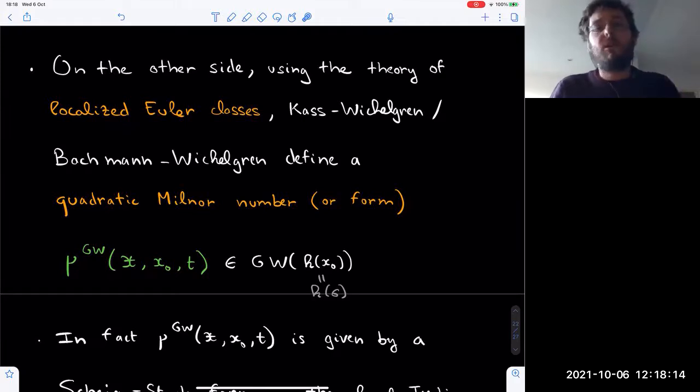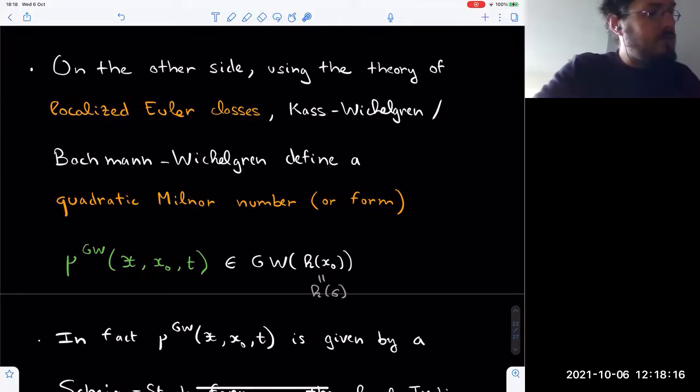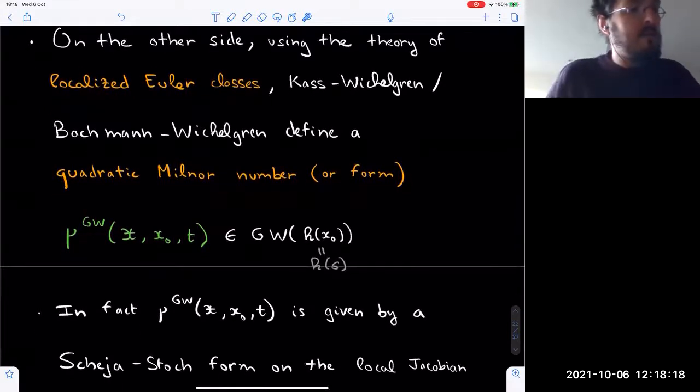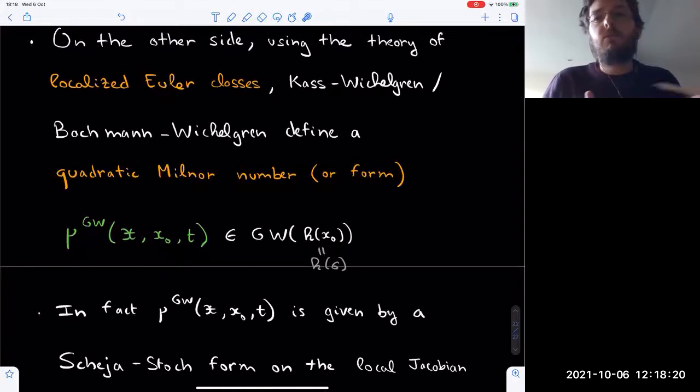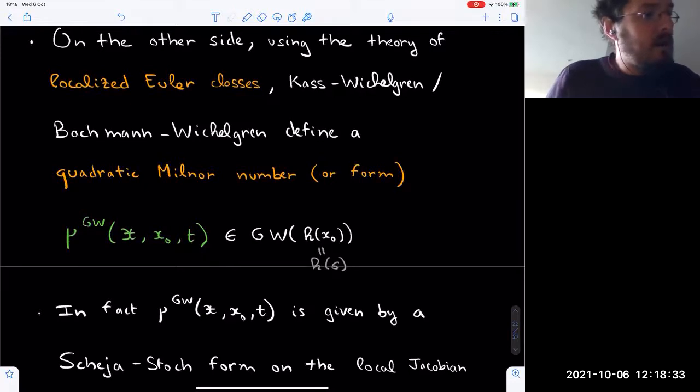There is something similar here, and this has been done by Wickelgren and also by Bachmann, and in a later refinement by Bachmann and Wickelgren. So you can define a quadratic version of the Milnor number as one of these refined Euler classes.